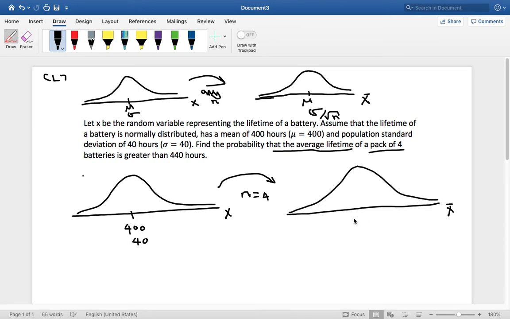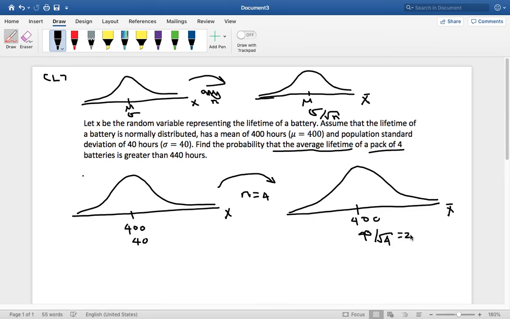This distribution will have exactly the same mean as the underlying one, 400. The standard deviation of x bar will be 40 over the square root of n, and n is 4. If we do the calculation, that comes to 20.